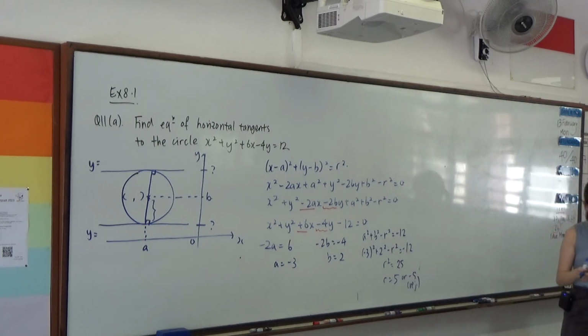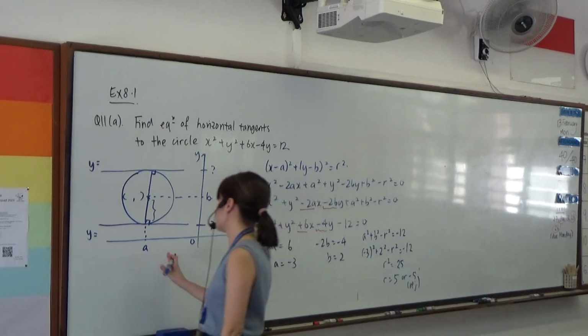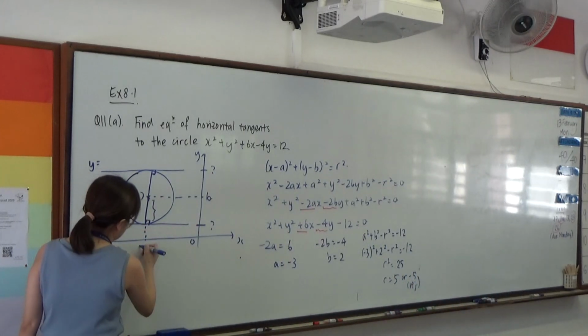So R is equal to 5. So we have the coordinates of the center now, which is -3 and 2.